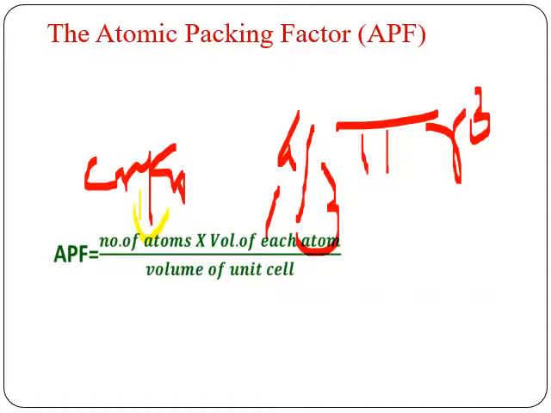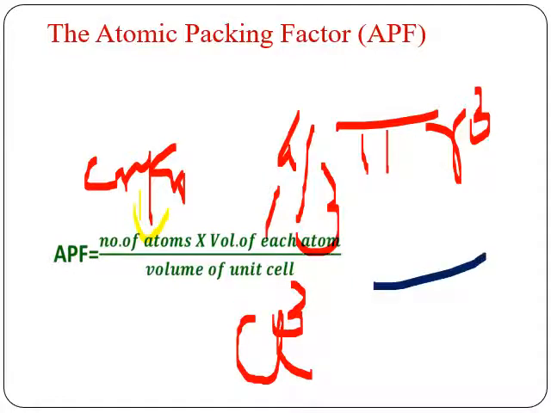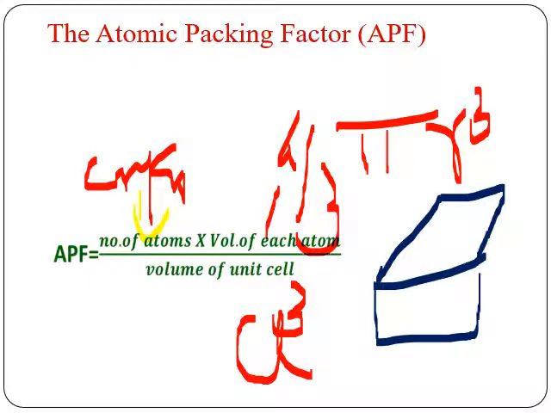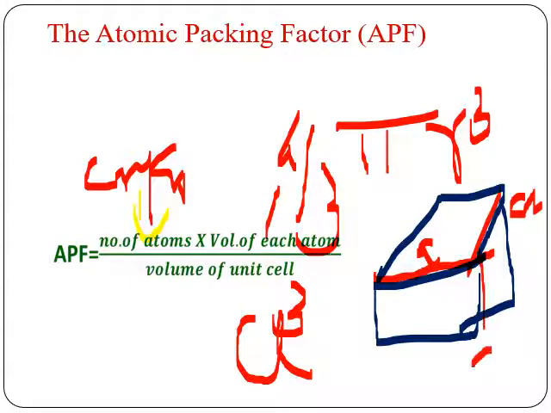And the volume of a unit cell is a cube. So what is a cube? As I said, if you consider a simple cube like this, this length from edge to edge is a. From edge to edge it's a, and from edge to edge it's a.